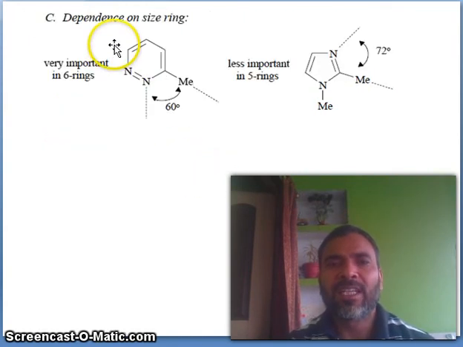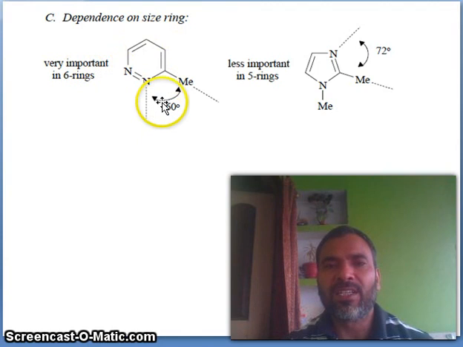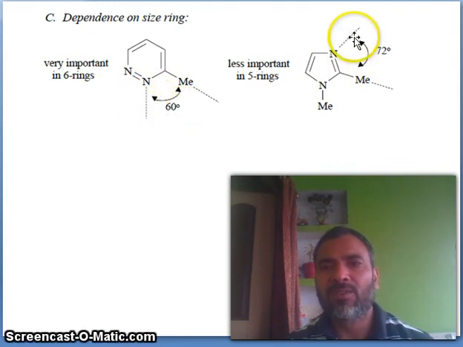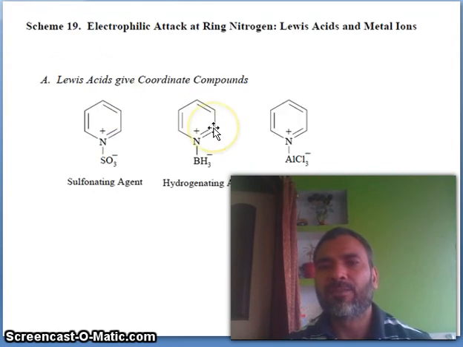Now dependence on ring size. You see this is the six-membered ring and this is the five-membered ring. Very important in the six-membered ring, this methyl and this 60 degree. And you see this methyl, this nitrogen is 72. So ring size is least important in the five-membered ring, very important in the six-membered ring.